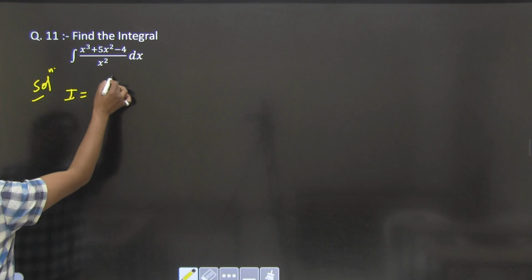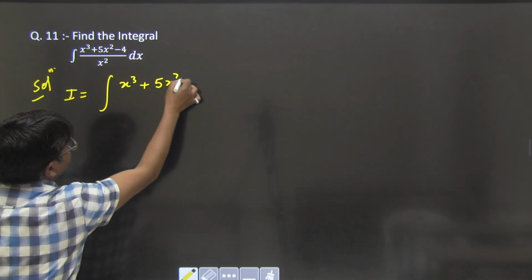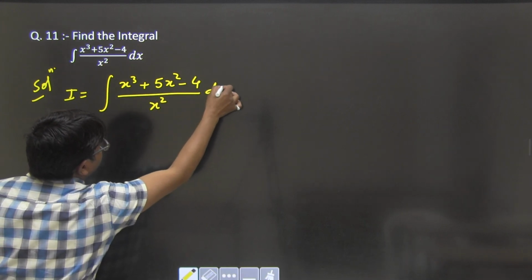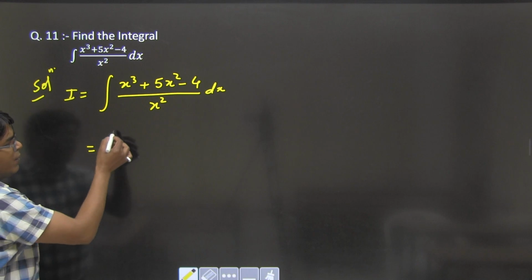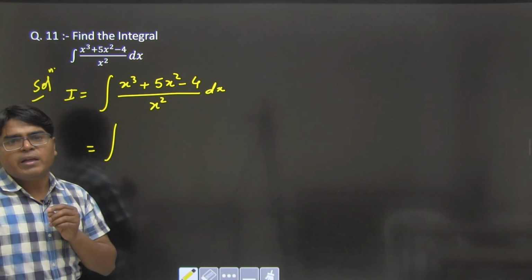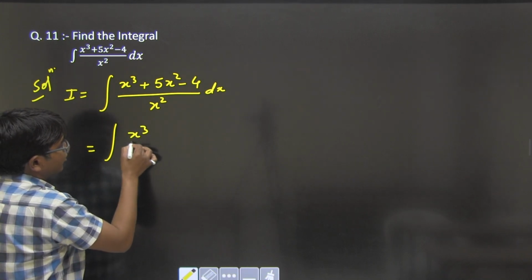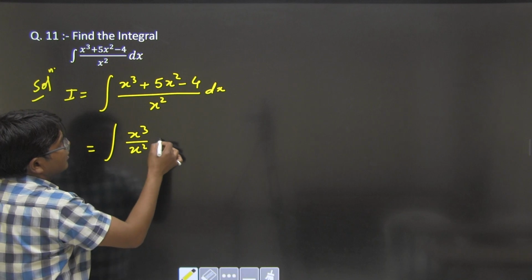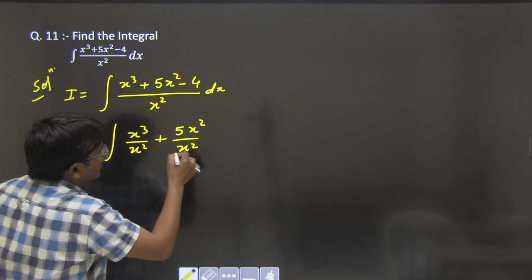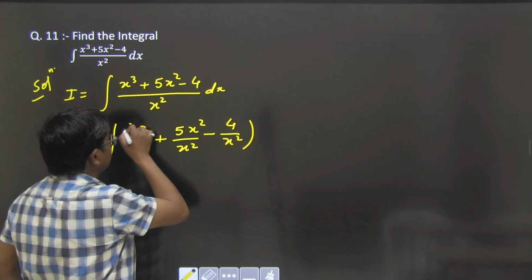So I is equal to the integral of (x cube plus 5x square minus 4) upon x square dx. How to simplify it? Just distribute the denominator over each term of the numerator. So we will get x cube upon x square plus 5x square upon x square minus 4 upon x square.